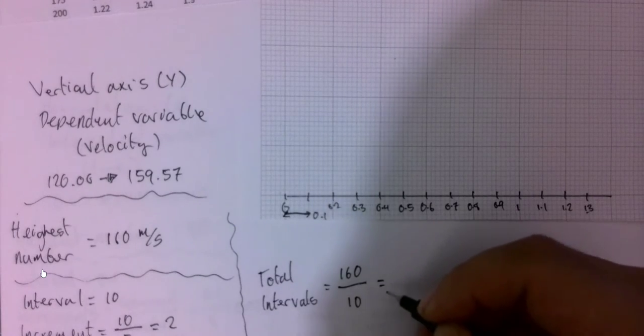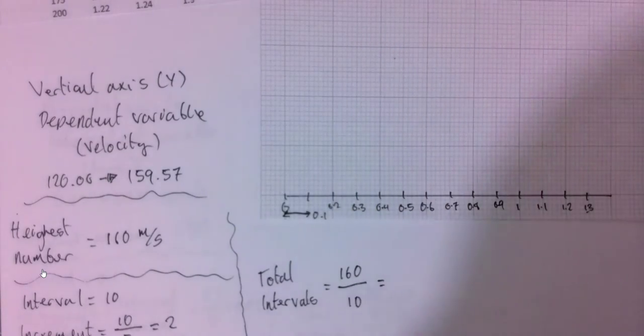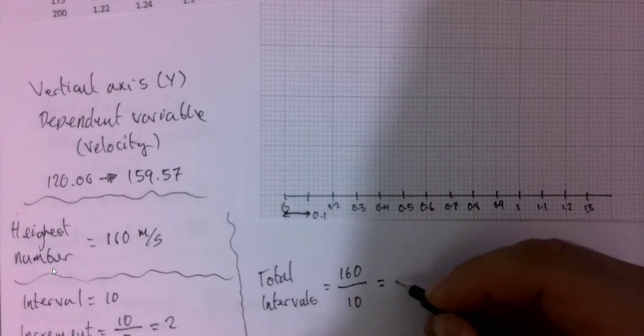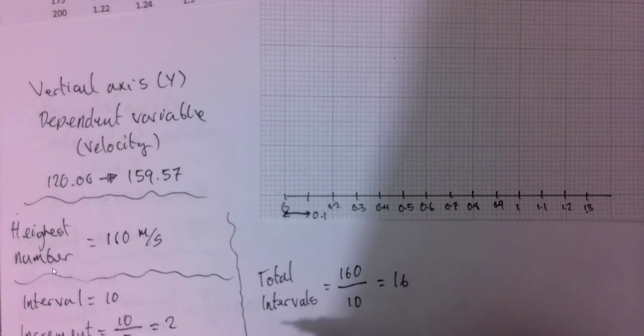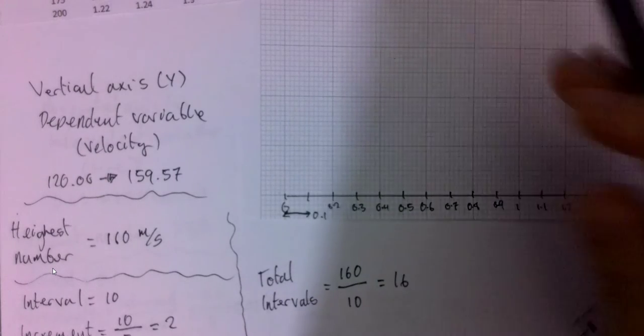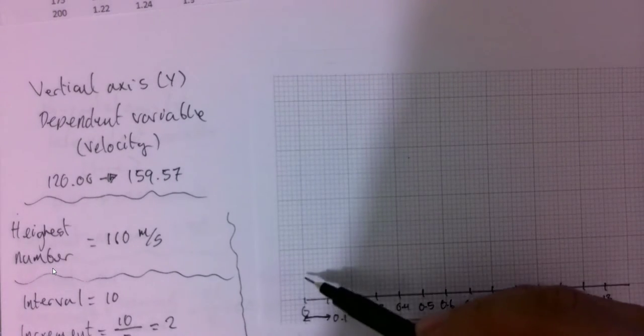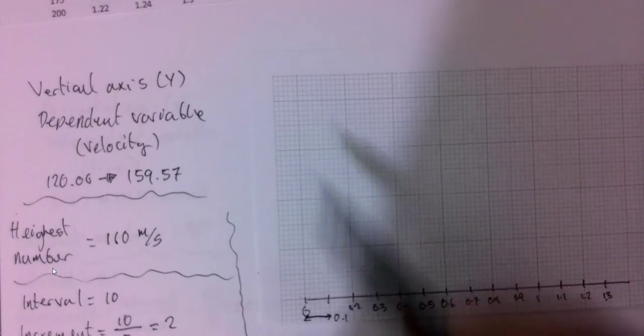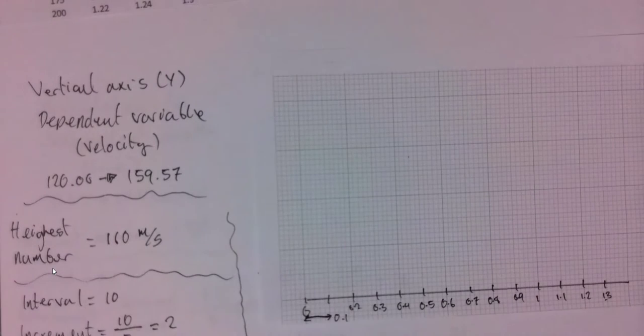Okay, you can see that's going to give me a value of 16. That means I have to go 16 intervals. I don't think I have it available to me. Look. 1, 2, 3, 4, 5, 6, 7, 8, 9. I do not have that amount of space.